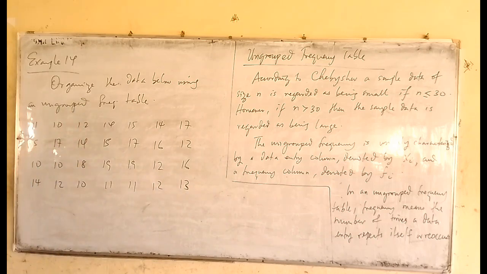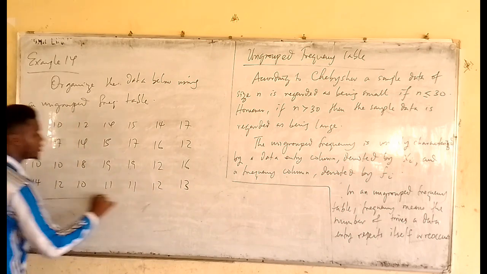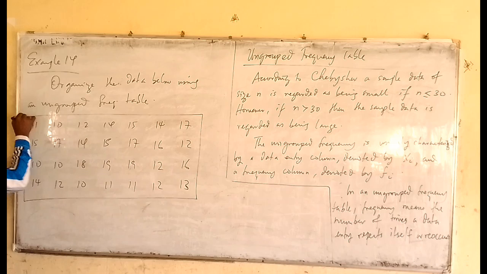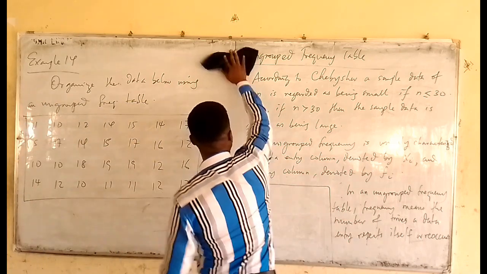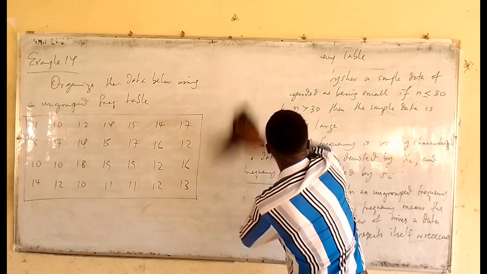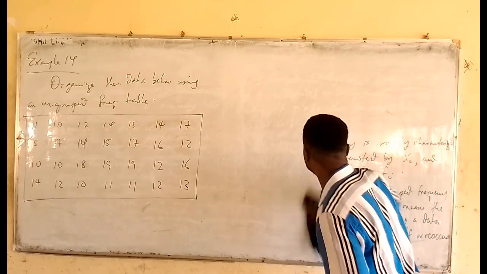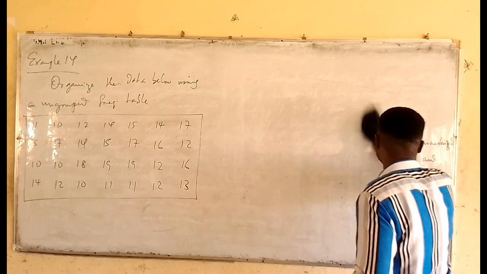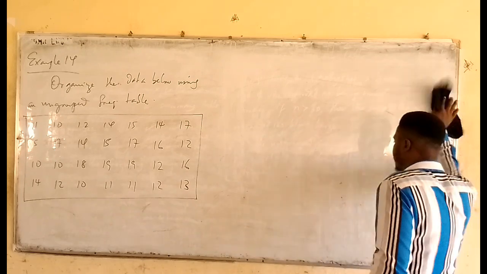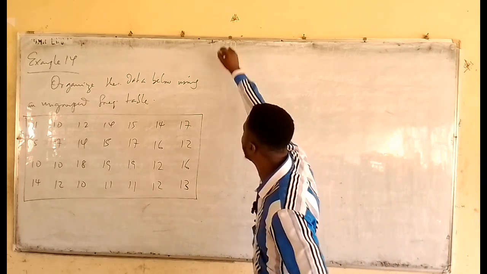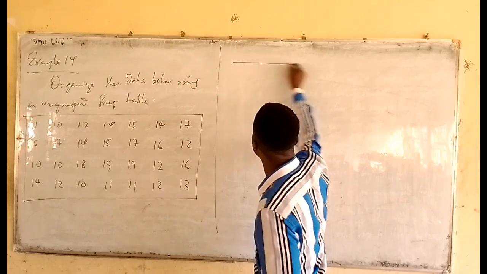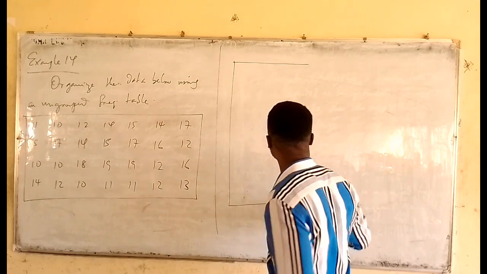Now, the reason why I was erasing those values: let's organize this data using an ungrouped frequency table. To use an ungrouped frequency table in this instance would simply mean that if you take the values up to 30, the longer the table will be. An ungrouped frequency table is a table of this nature.